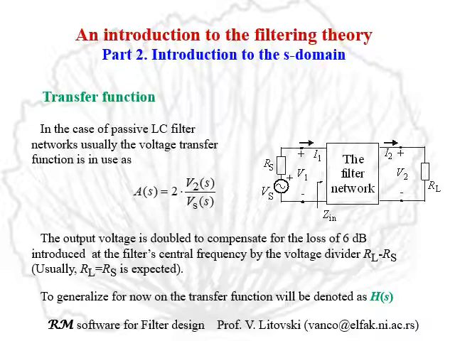Here, the output voltage is doubled to compensate for the loss of 6 dB, we saw what dBs are in the previous lecture, introduced at the filter's central frequency by the voltage divider RS, with the equality of RL and RS expected.